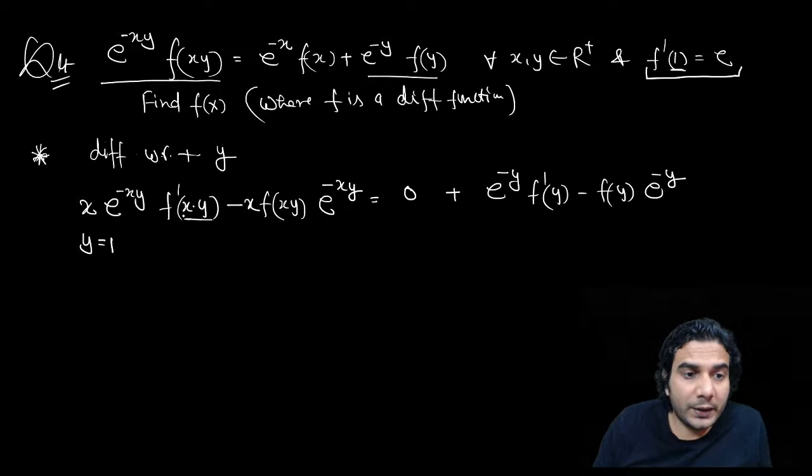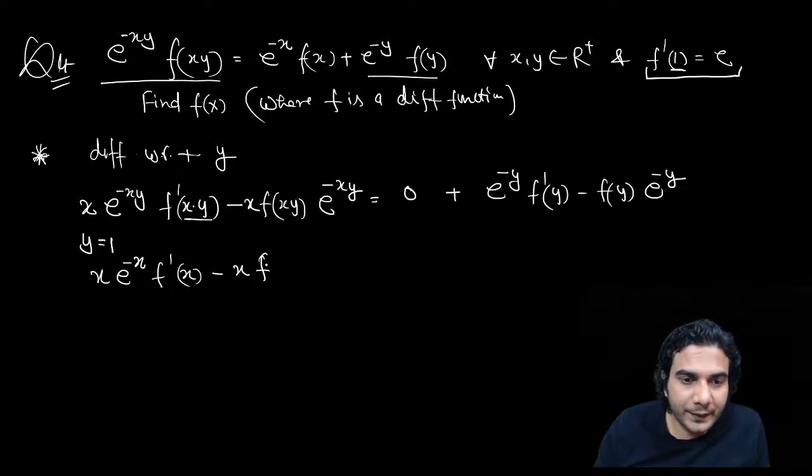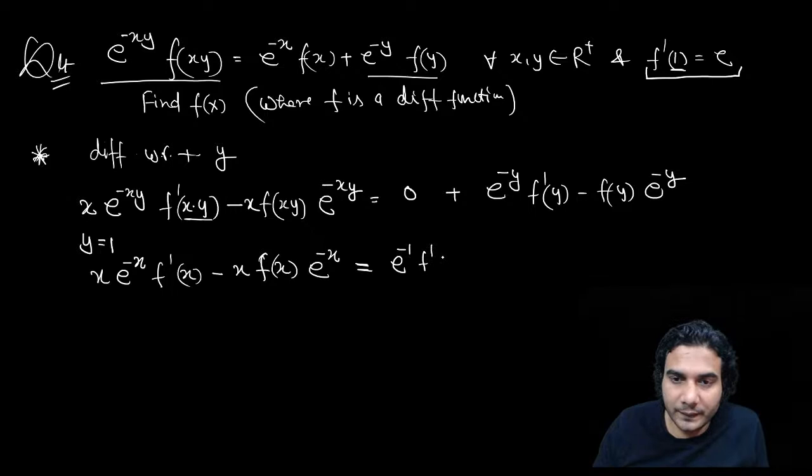So by putting y is equal to 1, we'll get x e raised to minus x f dash of x minus x f of x e raised to minus x is equal to e raised to minus 1 f dash of 1 minus f of 1 e raised to minus 1.